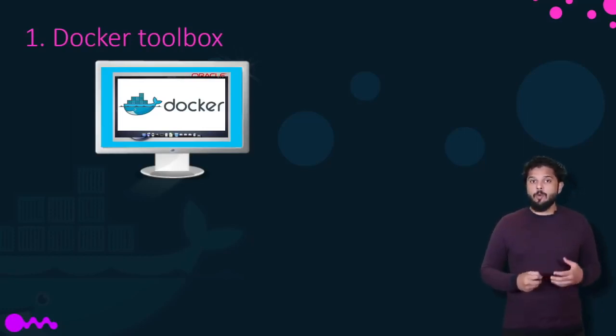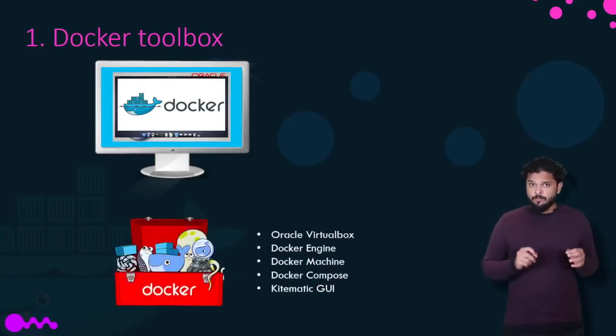Docker, however, provides us with a set of tools to make this easy, which is called the Docker Toolbox. The Docker Toolbox contains a set of tools like Oracle VirtualBox, Docker Engine, Docker Machine, Docker Compose, and a user interface called Kitematic. This will help you get started by simply downloading and running the Docker Toolbox executable.